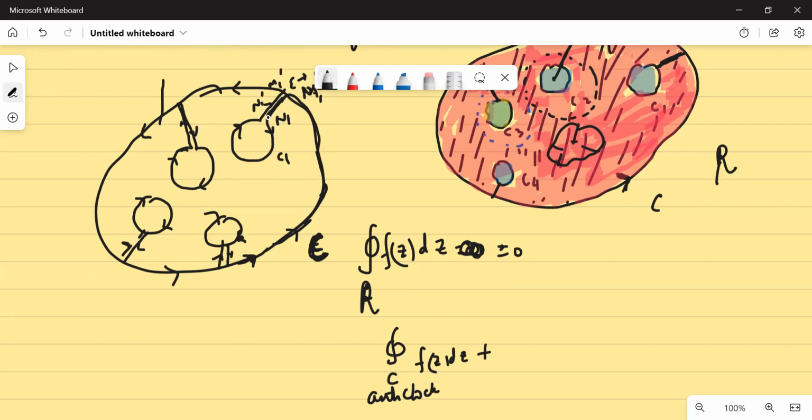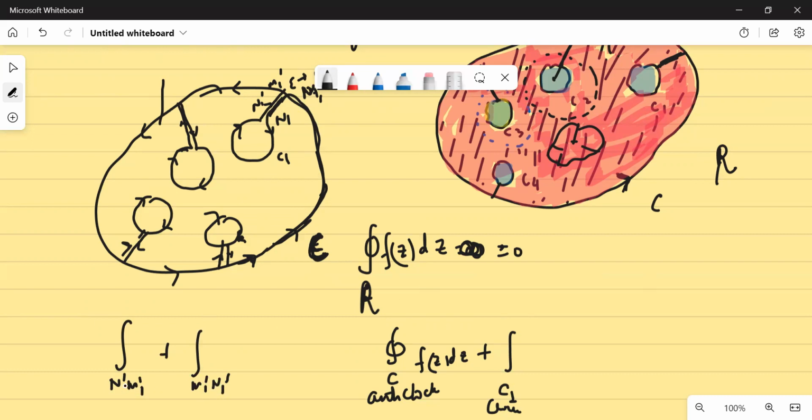And yesterday I told you that the integration along this and along this would cancel out, so I'm not writing it. So it will be equal to plus, along C1, I would write clockwise. Then plus, there would be some terms like n dash m dash plus the integration m dash n dash. This will remain there.